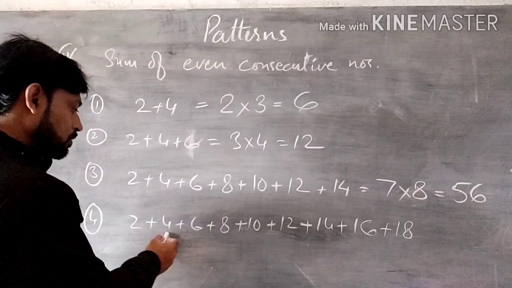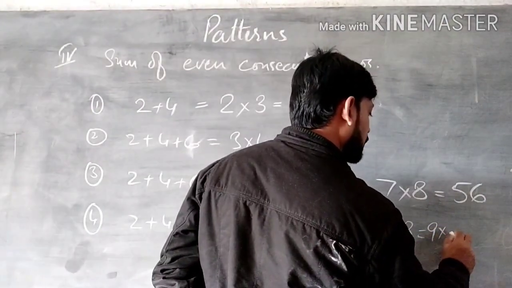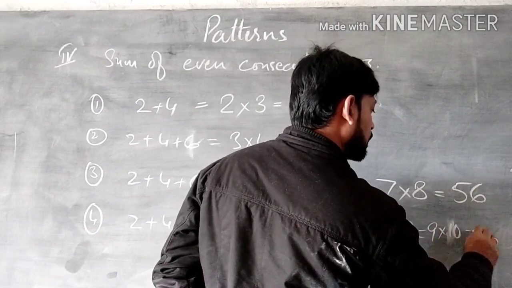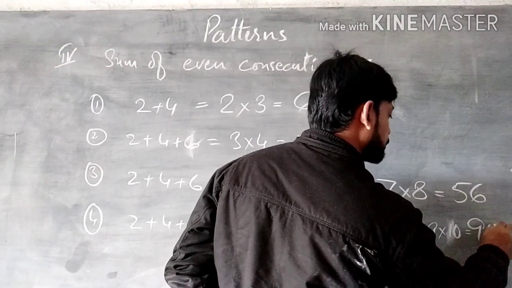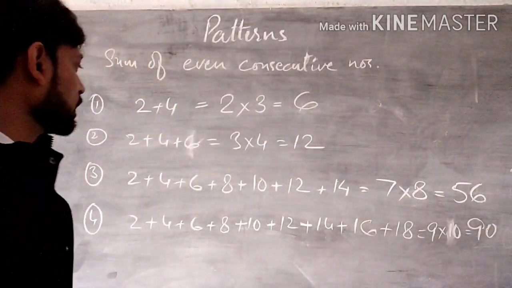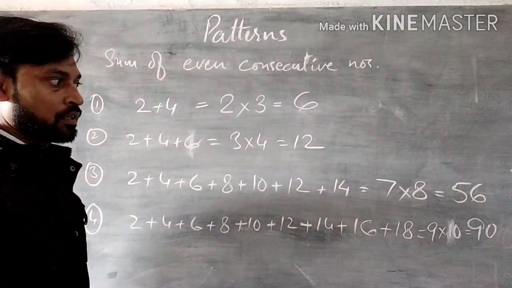Now here 1, 2, 3, 4, 5, 6, 7, 8, 9. So 9 multiplied by 10, that is equal to 90. Is that clear? So in this way we can add the consecutive even numbers.